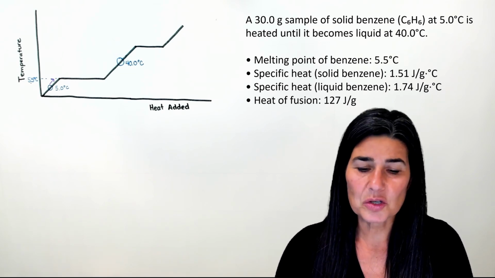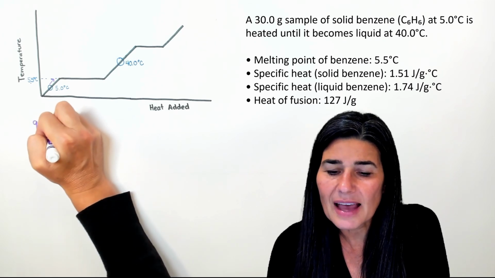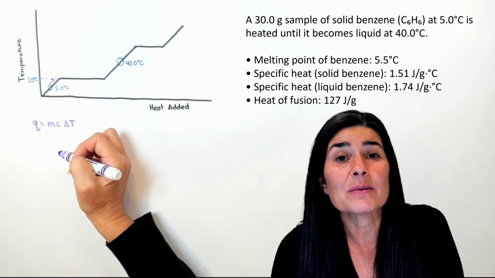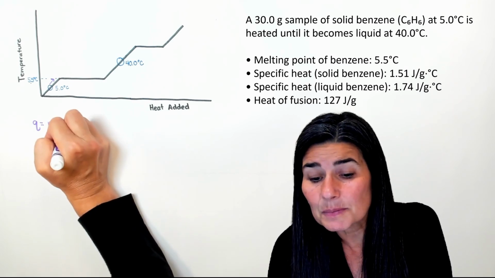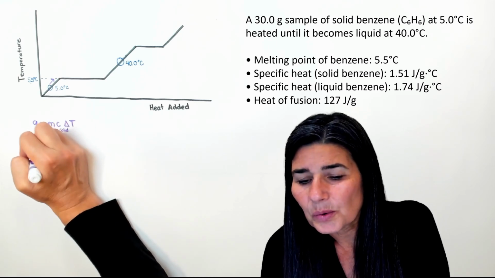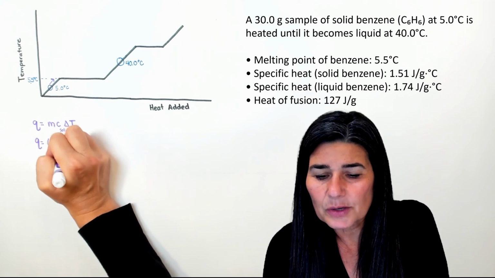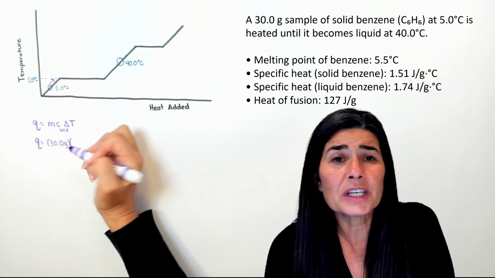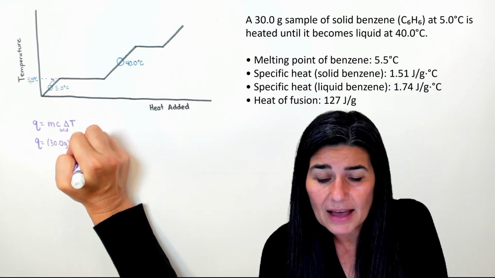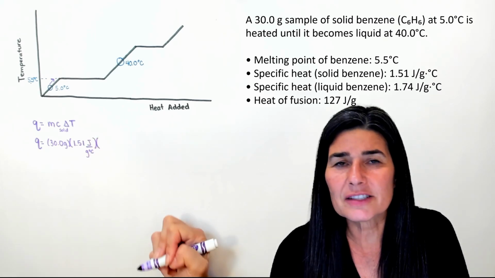Since we have a temperature change, we can go ahead and start with our formula Q equals mc delta T. And in this case, we're talking about solid benzene, so this is the specific heat of the solid, which is given to us. Q equals, let's take our mass, 30.0 grams of benzene, multiplied by the specific heat of the solid, which is 1.51 joules per gram degrees C. And now let's look at our temperature change.